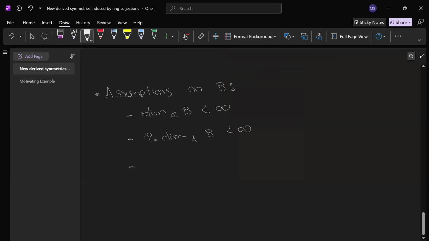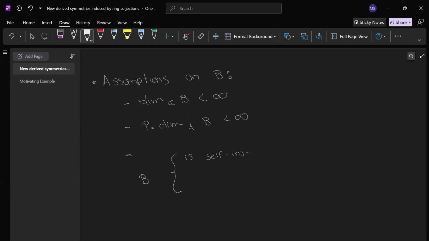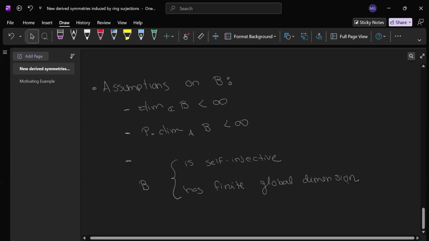And then finally, we're going to assume that B satisfies one of two assumptions. So either we're going to assume that it's self-injective, or we're going to assume that it has finite global dimension. Okay, so I like to think of this assumption on B here as a type of smoothness assumption.